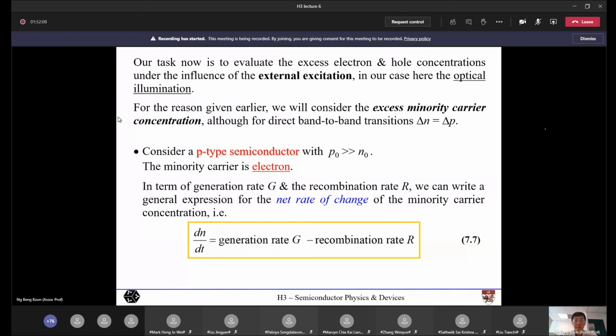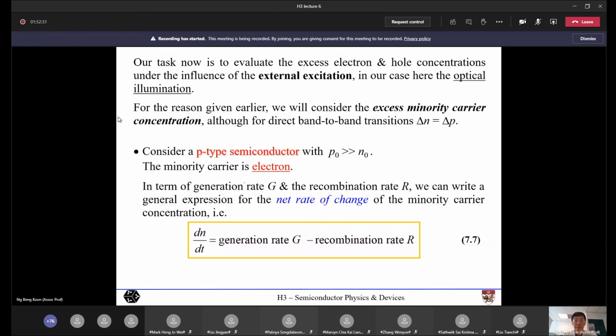So how do we describe this change in the carrier concentration in a semiconductor in a general sense? We describe the change in the concentration of carriers in the semiconductor using this expression here, called the rate equations.